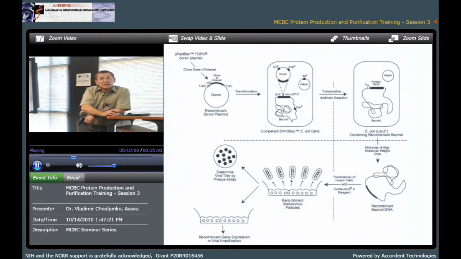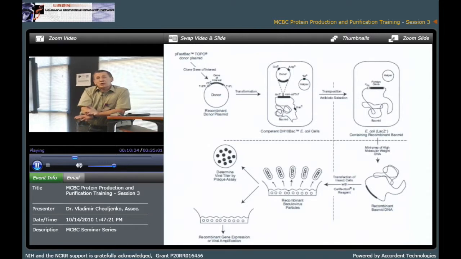After adding all three antibiotics, gentamicin, kanamycin, and tetracycline, and adding a special substrate, an analog of the old X-Gal, called Blue-Gal, which is definitely much better than X-Gal, and IPTG for induction.